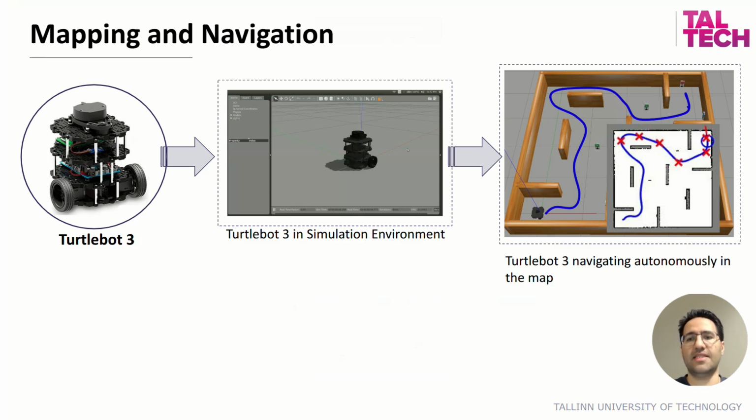Then after that step, we go through the navigation step, which uses the previous map and autonomously navigates through the different targets that you will define for your software. During this task you will learn how to create a package, how to create a program, which we call a node, and then use that node to autonomously navigate your Turtlebot through the custom environment.